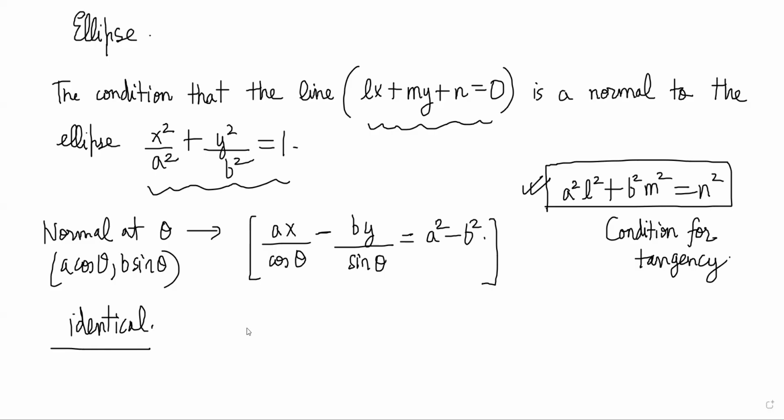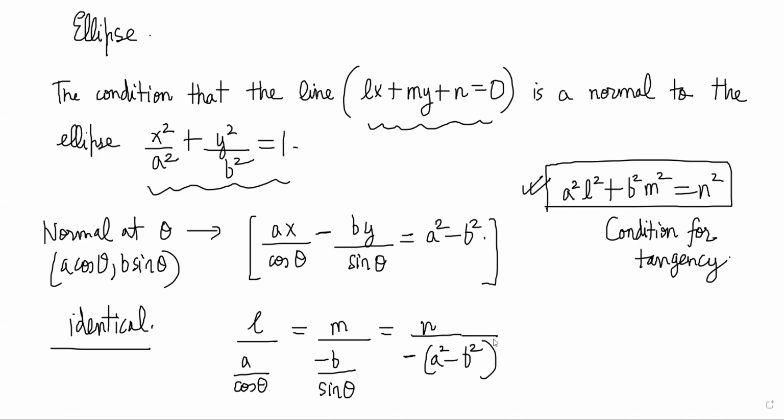We can write L by A by cos theta is equal to M by minus B by sin theta is equal to N by minus of a square minus b square. I'm comparing coefficients of these two lines because they are supposed to be identical.